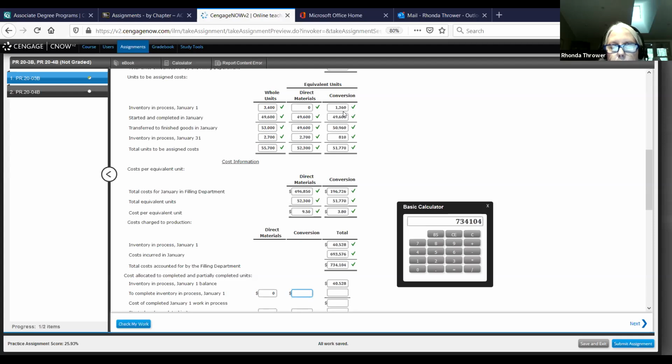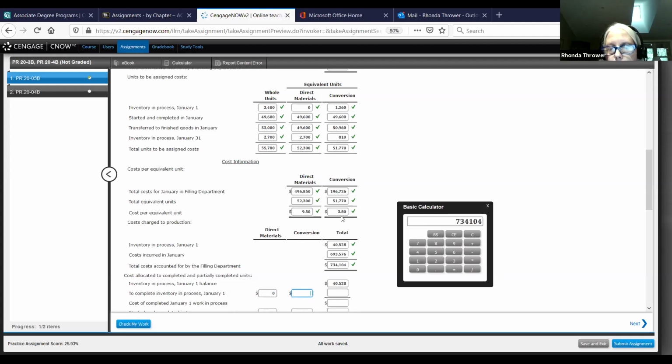That came from 3,400 whole beginning inventory units times 40% that would need to be finished this period of time. So I'm going to start with this 1,360 units, and I'm going to multiply that by my conversion cost per equivalent unit.